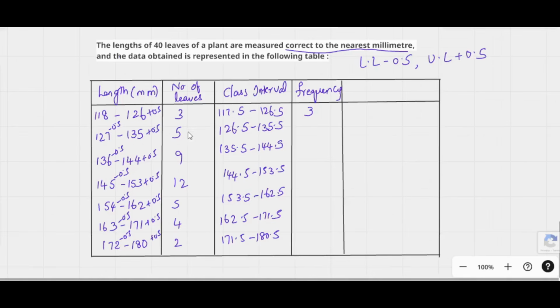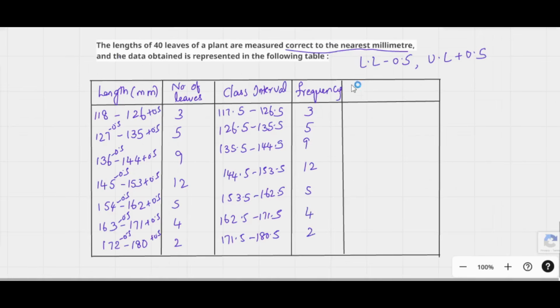No need to change the frequency. Don't change the frequency every time. Look at the question. If in the question they are giving something like less than 140, like the previous question, then you have to find the frequency separately, but here they have given it directly, so I'm writing the frequency like that only.